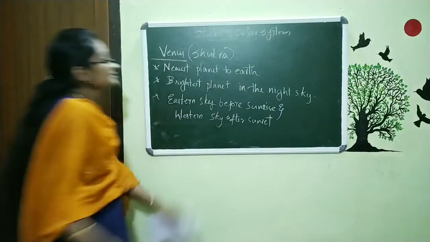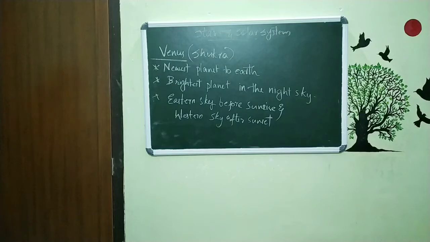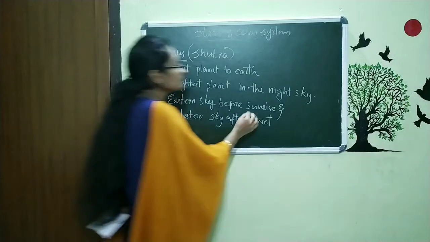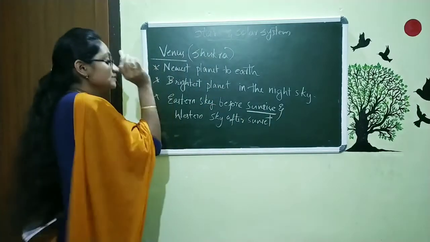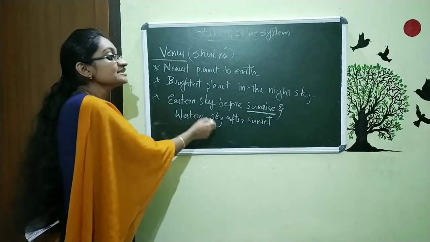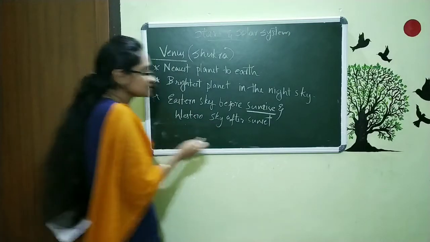That is, this Venus can be observed in the eastern sky sometimes before sunrise, and sometimes in the western sky after sunset.